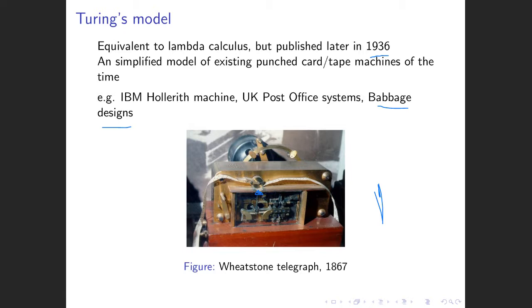He would have also been aware of the IBM computing machines that were already being sold all around the world, including being used in Bletchley Park before Turing even showed up there. And some of these machines were in common use in the UK Post Office. They're doing sorting, all kinds of calculations, tabulations.